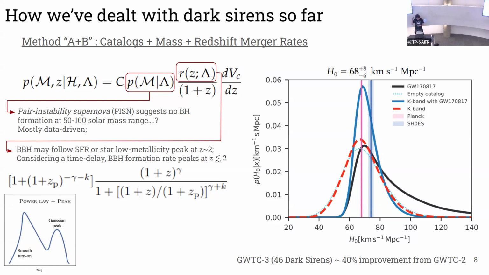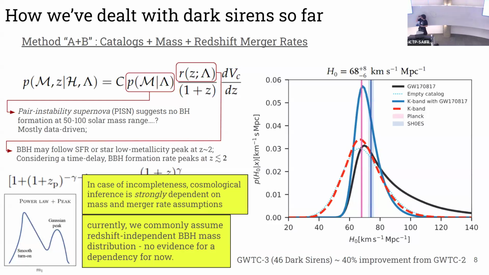So with this aside, I want to highlight another flaw of this method. LIGO shows that in the case of the empty catalog method, the posterior on your Hubble constant is strongly dependent on the assumptions that you make on the mass distribution.